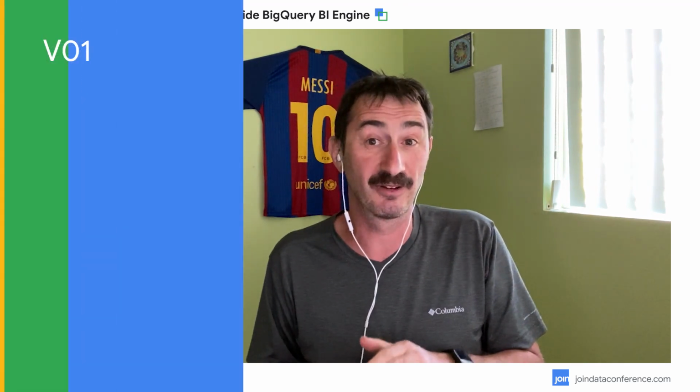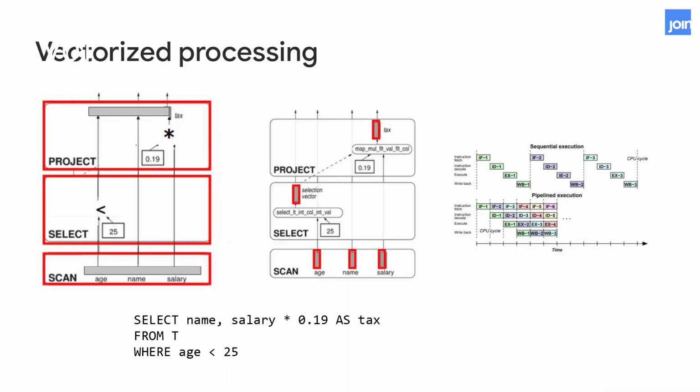It's also called vectorized processing, because instead of taking one row at a time, it takes one column and a block of maybe 1,000 rows at a time and processes them in a tight loop. So this is a pretty dramatic architectural change, and we ended up completely rewriting the entire runtime in BI Engine to be fast. But it was worth it.